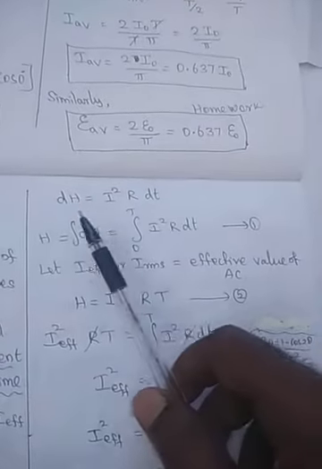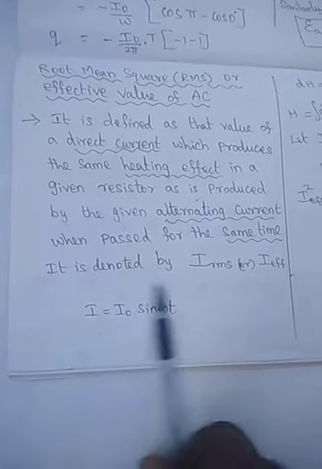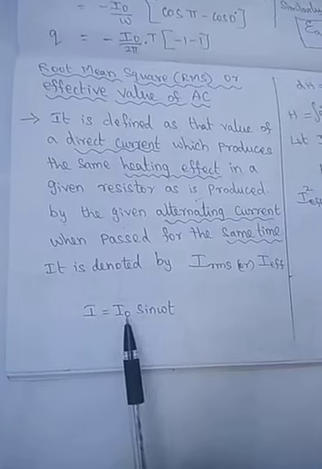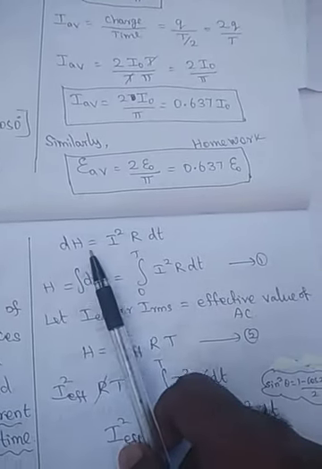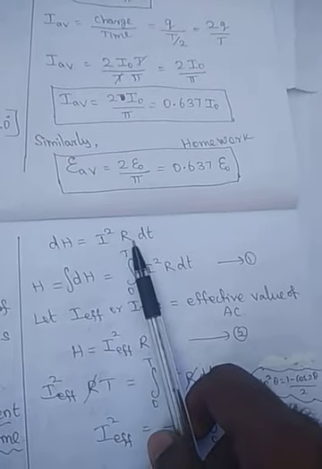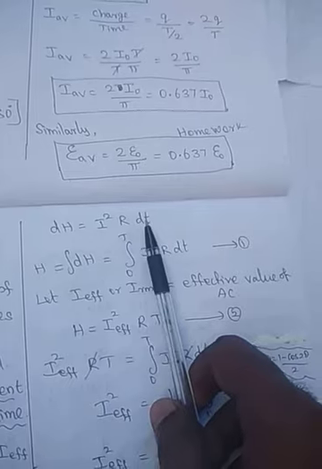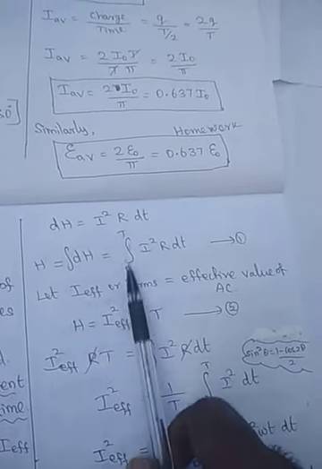So what are the things? Okay, very simple. It is denoted by I RMS. I is equal to I naught sin omega t. It is the alternating current equation. So dH is equal to I squared R into dt. H is equal to I squared R T, which is Joule's heating law. H is equal to integral dH, integral 0 to T of I squared R dt.